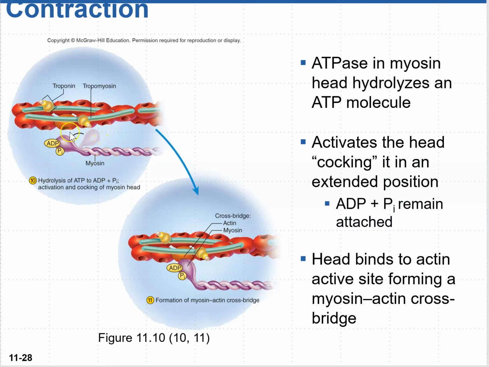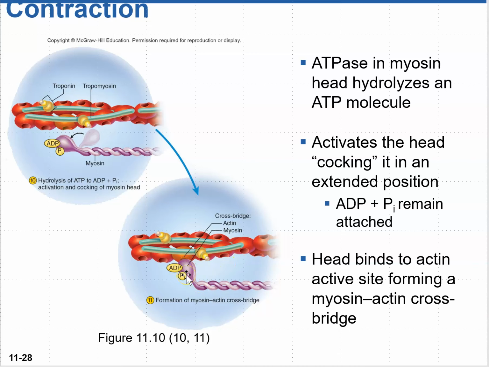You can see in this picture that the myosin is in a stretched out state and has ADP and Pi attached to it. Next is the formation of a cross bridge when actin sites are exposed. During this time, the myosin molecule releases the ADP and Pi, and the energy released is used to pull the actin inward towards the sarcomere.